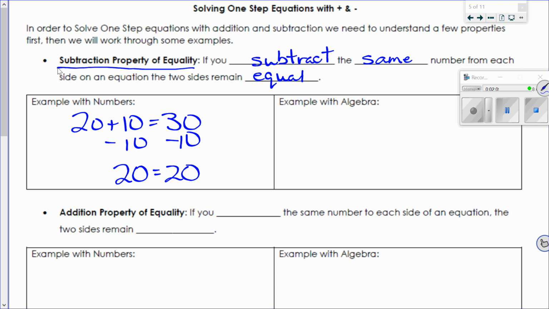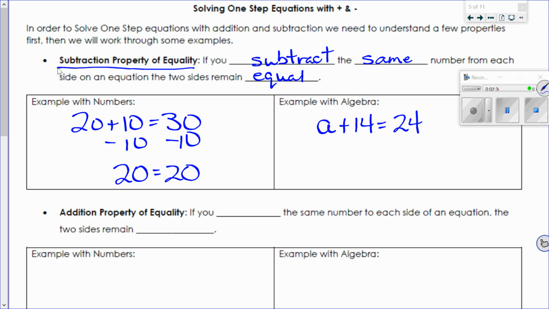Why would we need that? Great question. The reason we need that is now that we're getting to solving equations, we're going to have variables, things we don't know. So, for example, what if I had a plus 14 equals 24?